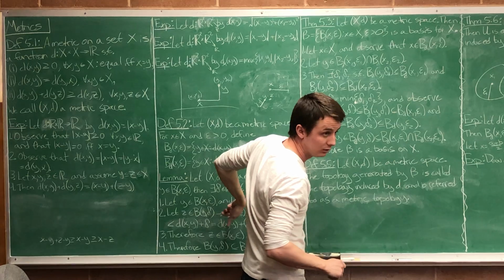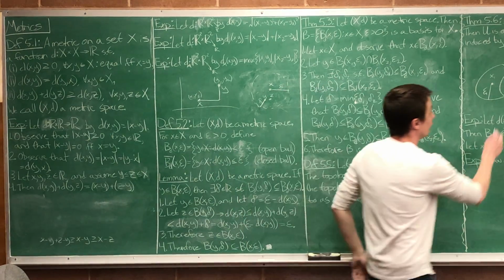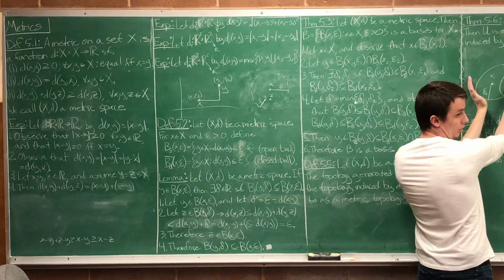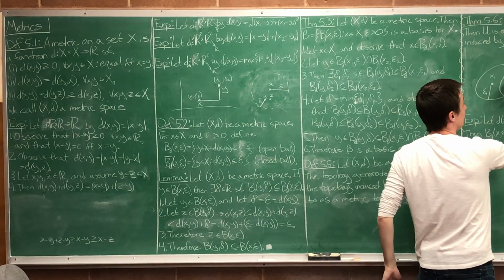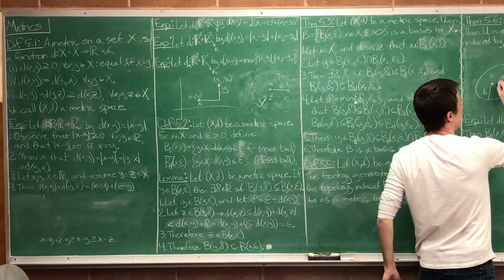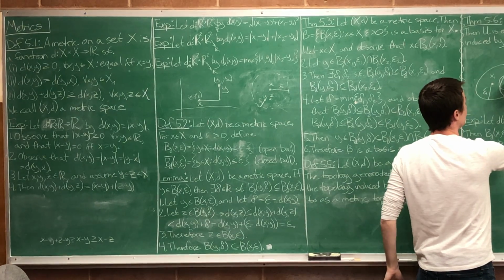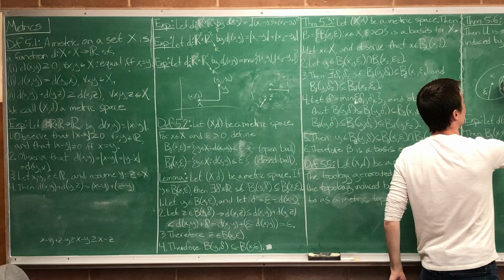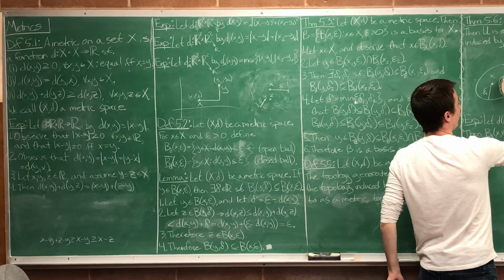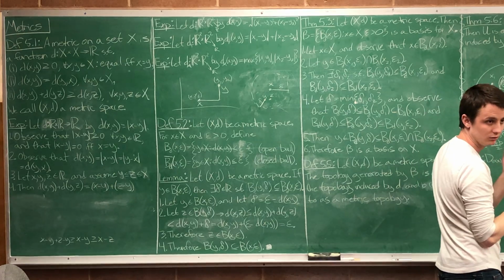Then, by this lemma, there exists delta 1. So first off, since y is in this open ball, there exists some delta 1 I can create such that the open ball with delta 1 is a subset of this ball, and there exists some delta 2 I can create such that the open ball around this with delta 2 is a subset of this ball.